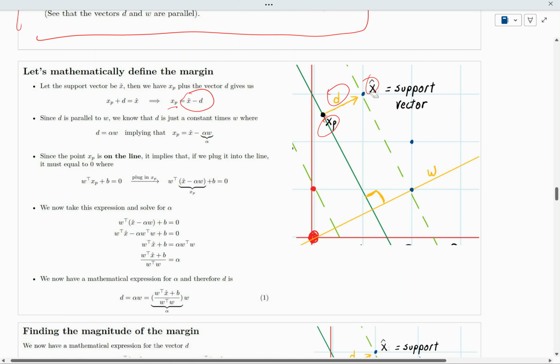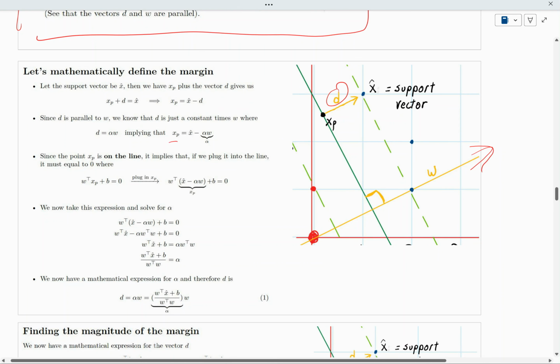Since d is parallel to w, we can say that d is simply some constant alpha, we don't know what alpha is right now, times w. So if we have some number alpha times w, then we have this d. Given this expression of d, I'm going to plug it in.